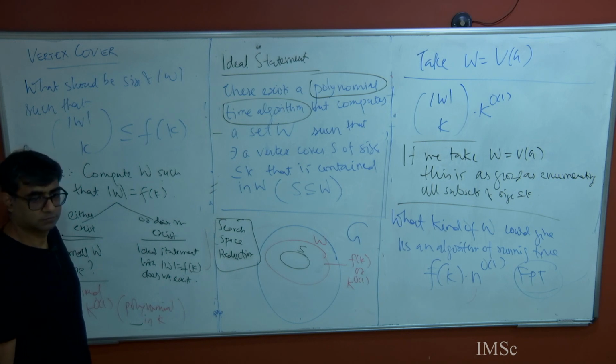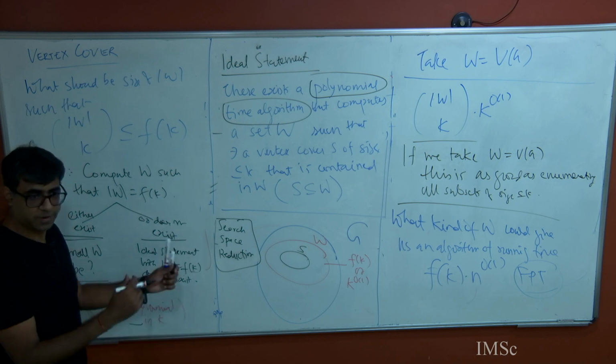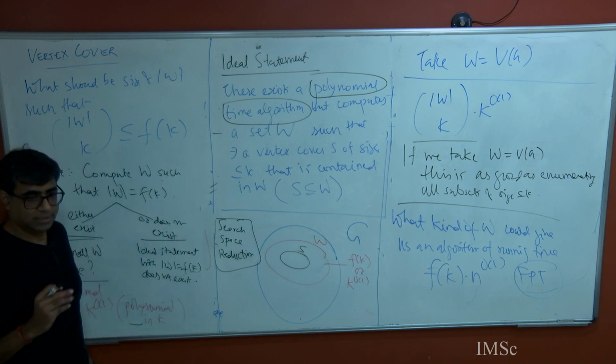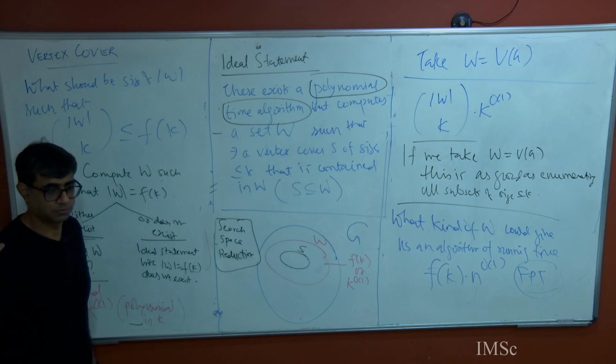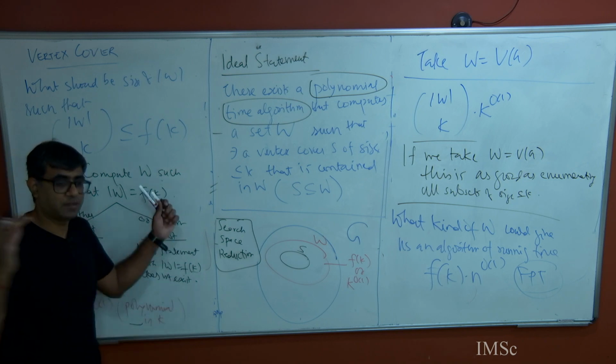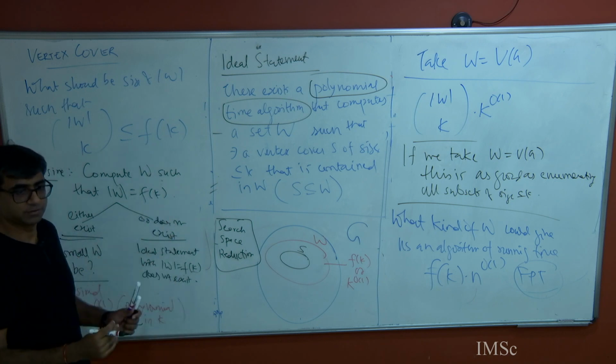Right, search space reduction. So, let's try to do some search space reduction for vertex cover. That is what we want to do. Can we do some search space reduction for vertex cover?